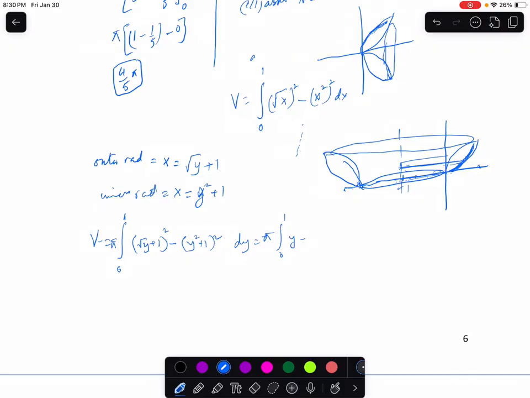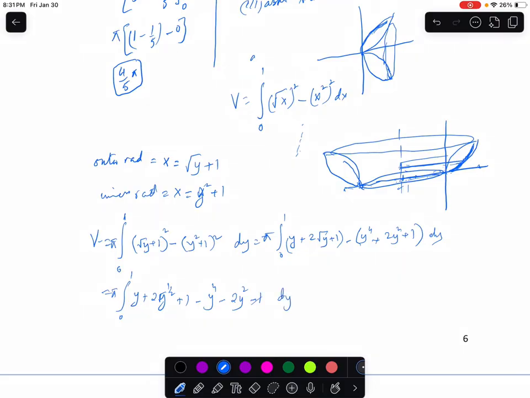Y plus 2 times square root of y plus 1 minus, so y to the 4th plus 2y squared plus 1 and then dy. So subtract, so pi 0 to 1 integral, we have y plus 2 square root of y, which I can write as y to the 1/2, plus 1 minus y to the 4th minus 2y squared minus 1 dy.